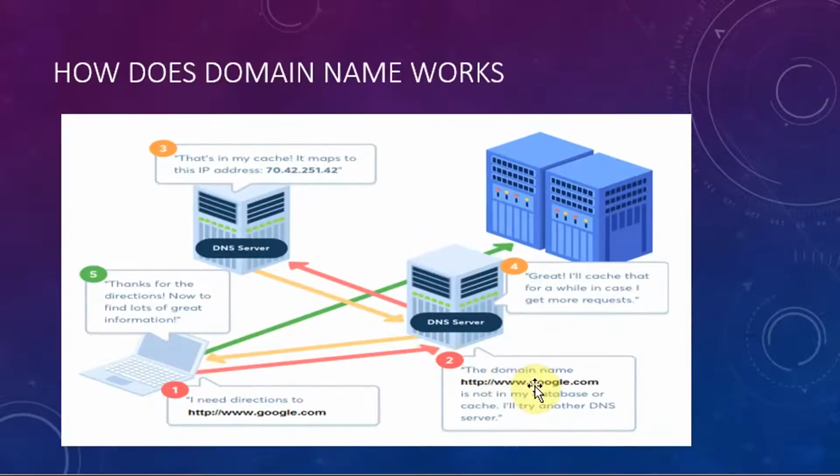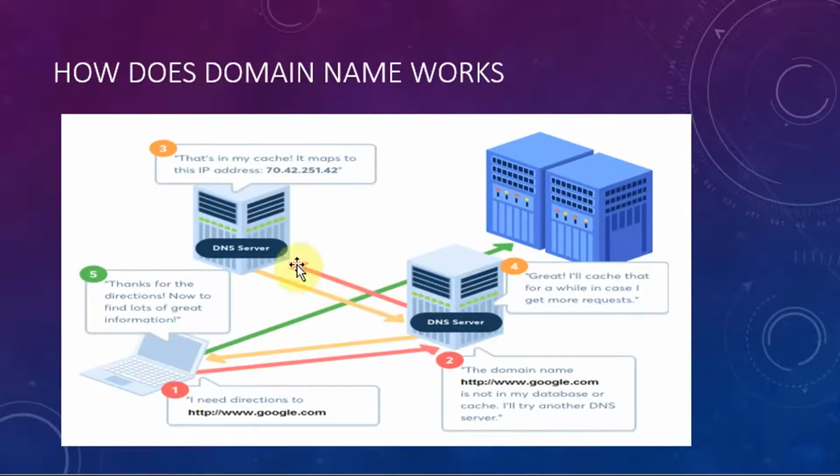So the domain name www.google.com is checked on this domain name server, and then it will say, okay, this domain name is not in my database or cache, I'll try another domain name server. So this domain name server also sends another request to the nearest domain name server to check whether the domain name being requested by this computer is available.